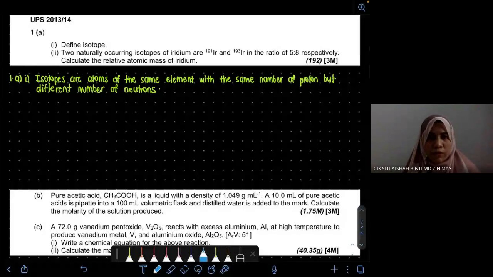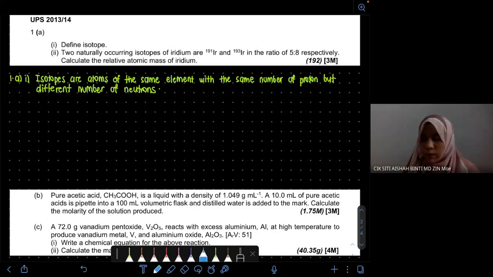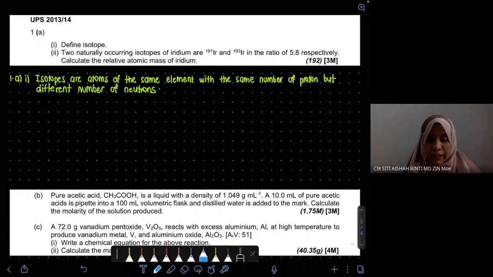For question number 2: two naturally occurring isotopes of iridium are 191 Ir and 193 Ir in the ratio of 5 to 8 respectively. Calculate the relative atomic mass of iridium.